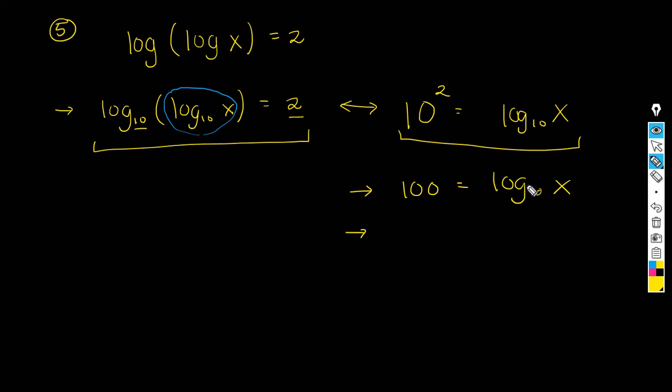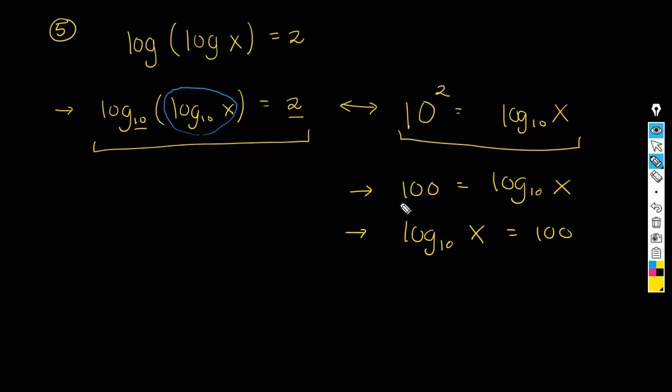And then if you want, change the sides. I always feel more comfortable working like this than like this. I don't know why. That's a very weird phenomenon. Okay, so now we have logarithm base 10 of x equals 100.